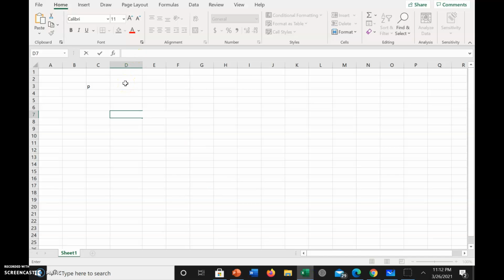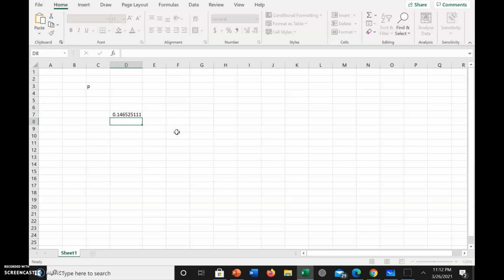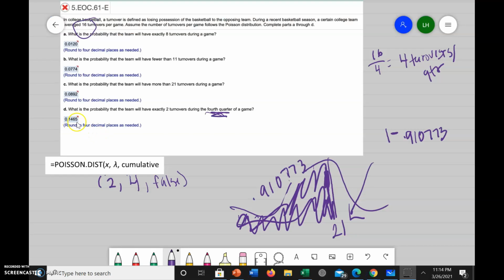So if you plug that in, X is 2, the mean is 4, and we don't want it cumulative because we want exactly 2. And you get 0.1465, which is what we got here. So let me know if you have any questions.